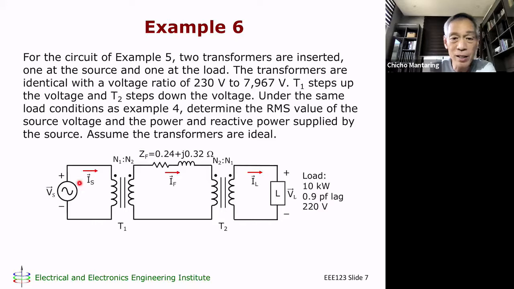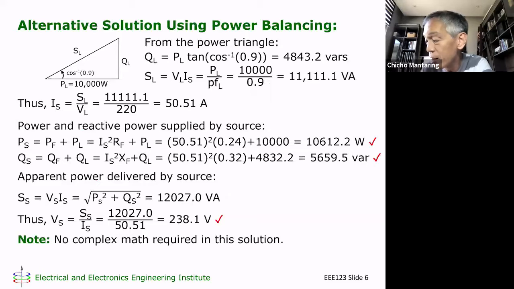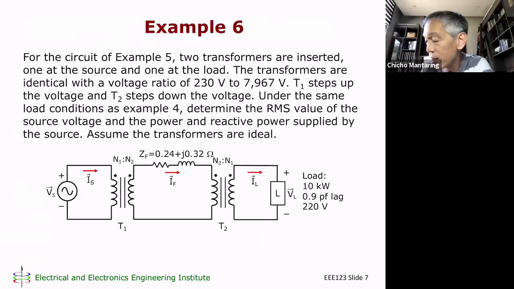This is the source that is needed to supply this load. But what I'm going to do is, okay, this is the same feeder line, exactly the same feeder line, exactly the same load.